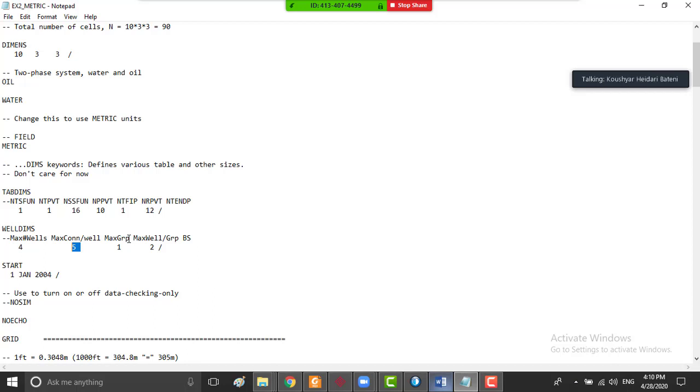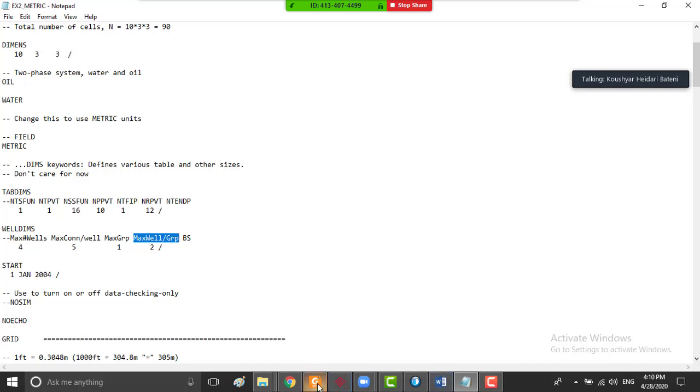But in the simple cases, one group is enough. When you don't have many wells, you can consider all of them to belong to one group. For the moment and for the basic understanding and application of Eclipse, this grouping of the wells is not important. And the fourth field indicates the maximum number of wells per each group of wells.